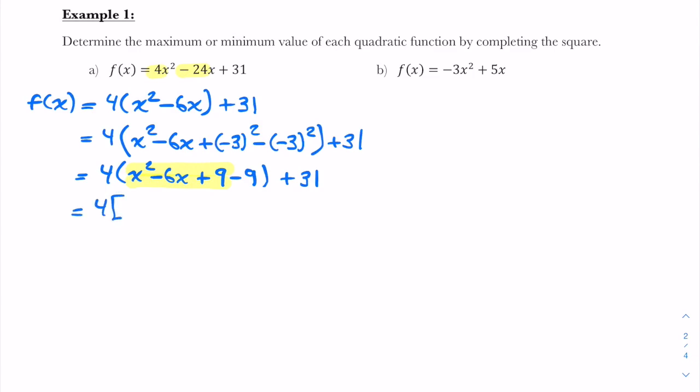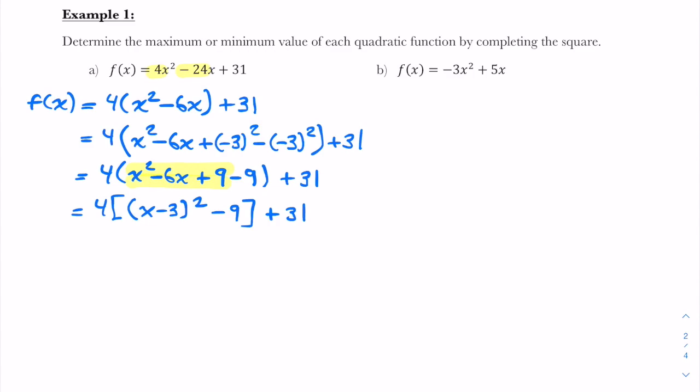This will be shown next. The 2 numbers that multiply to 9 and add up to negative 6 are negative 3 and negative 3. So those first 3 terms factor as (x minus 3) all squared. Then inside of the brackets, we're left over with the negative 9, and then we have the plus 31 outside.